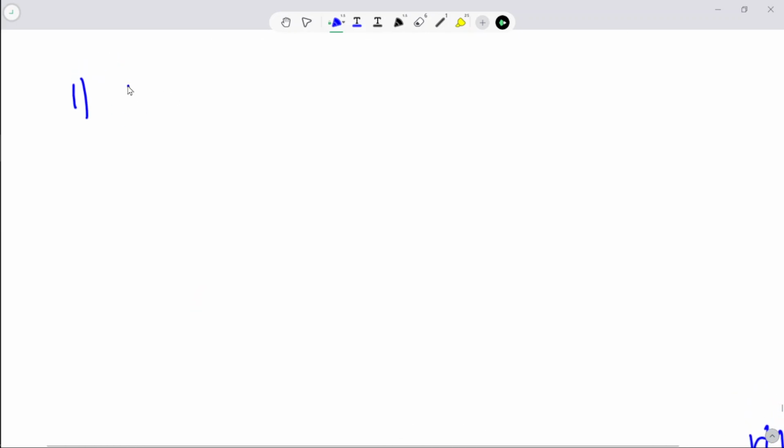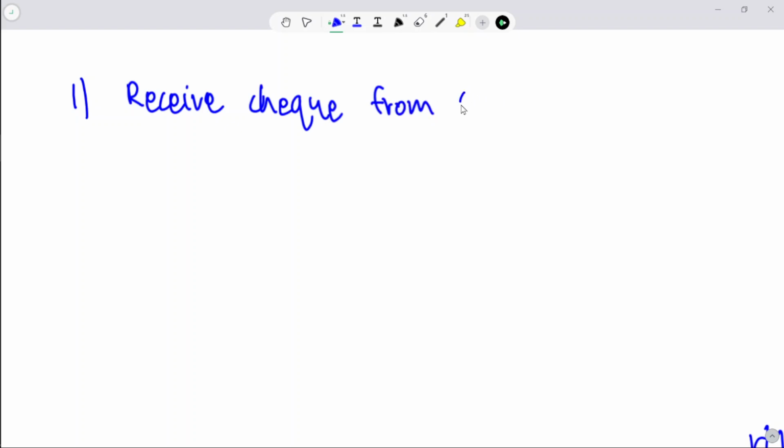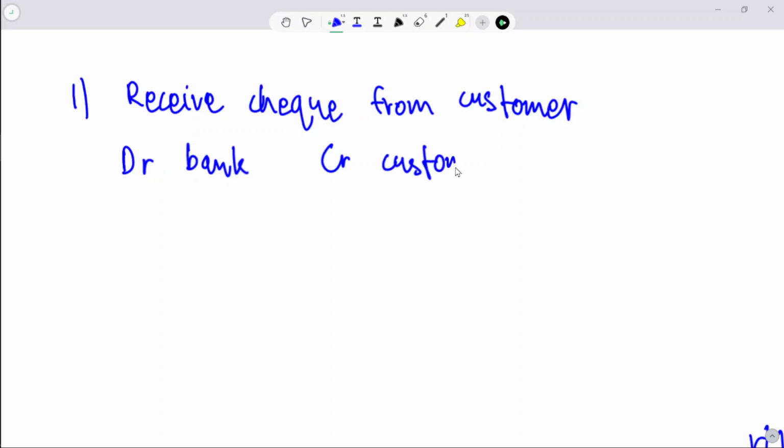First you receive a cheque from a customer. Then what you do is you debit bank, then credit the customer name.